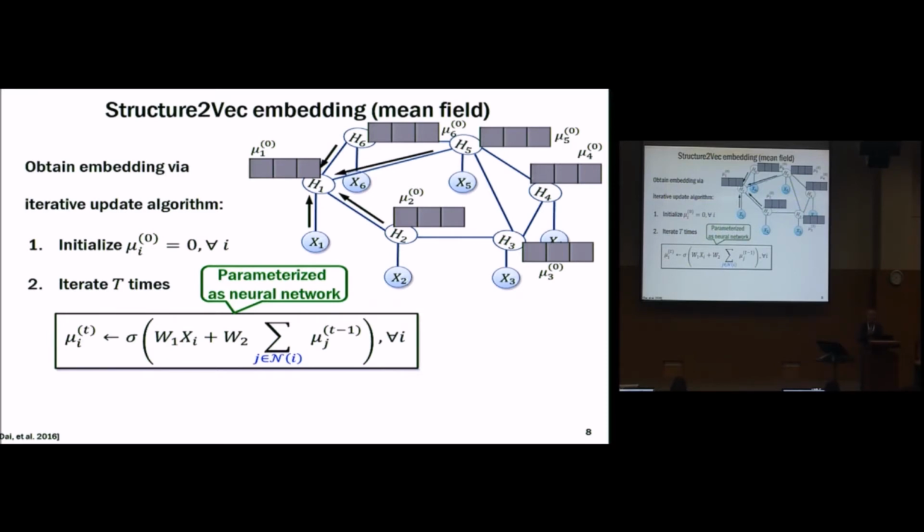So you can think about this update for the embedding for this particular node as a one-layer neural net. And this one-layer neural net is going to be parameterized by the parameters W1, W2. And these parameters W1, W2 are not going to be fixed beforehand. They're going to be learned later on based on the prediction tasks you're going to have. So this operation, parameterized by W1, W2, is going to be applied to every one of these nodes in the network.